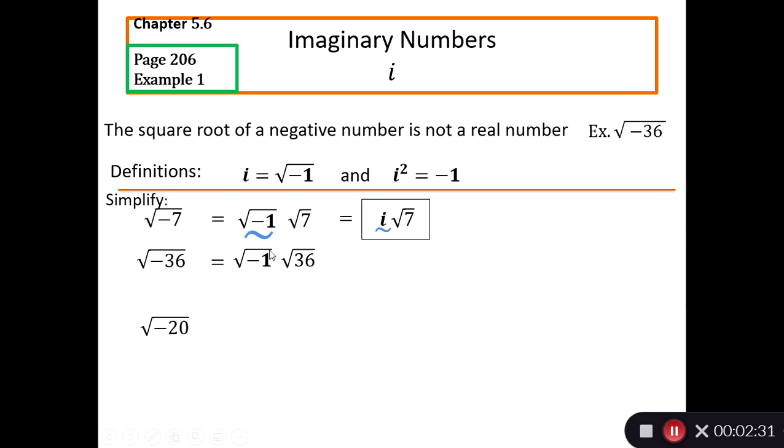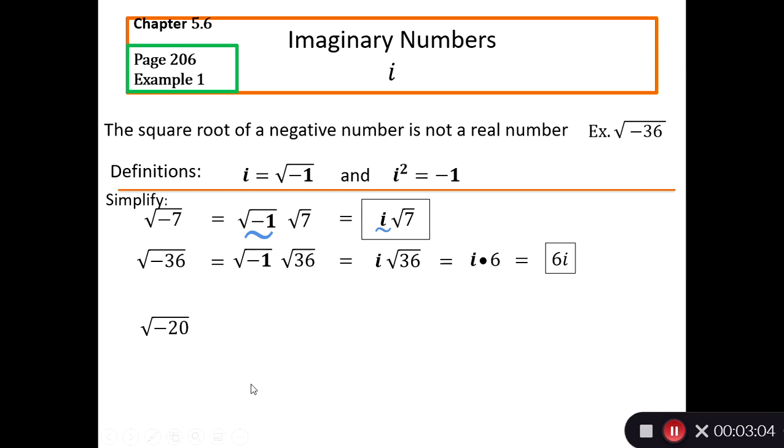So instead of writing the square root of negative 1, we're going to write i, and that's multiplying the square root of 36. But we know what the square root of 36 is. That's 6. So we're going to have i times 6. Remember, the i is multiplying. There's no addition, subtraction here. And normally we don't write something like x times 2. We'd write 2x. And here you're going to do the exact same thing. 6i, and that's your answer.